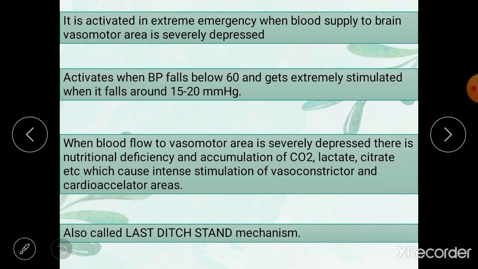It is also known as the last ditch stand, which is a military term, as the soldiers dig ditches between themselves and their enemies to keep the enemies away. So it is the body's last ditch to keep death away. What happens is when the arterial pressure falls to such low values as 15 to 20 millimeter mercury, this pressure is not enough to keep the blood flowing to your special organs, especially your brain.